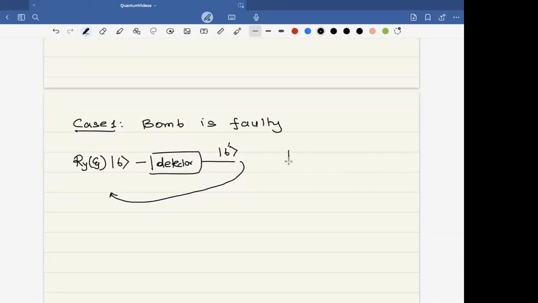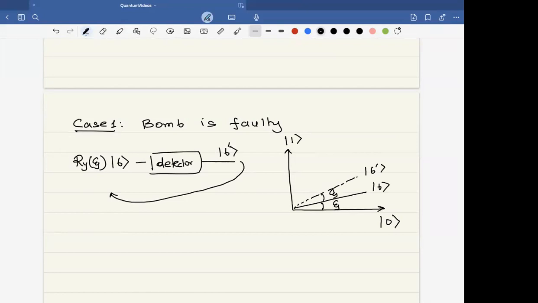If I look at this two-dimensional picture where the x-axis is ket 0 and the y-axis is ket 1, then initially the state is ket B, and this angle over here is epsilon. Every time I pass it back into the detector, it gets rotated by an angle epsilon, right?